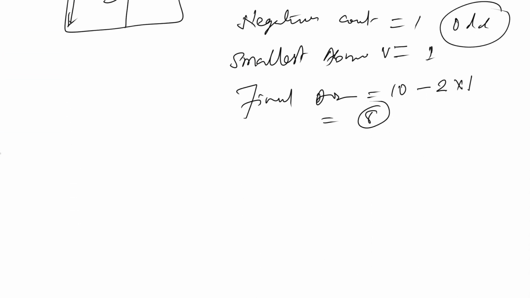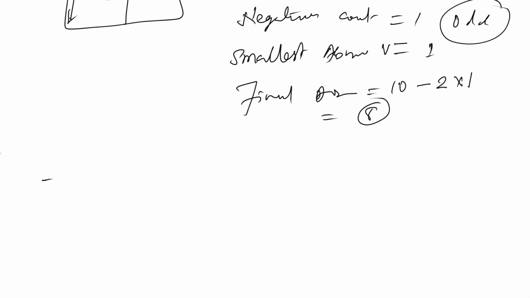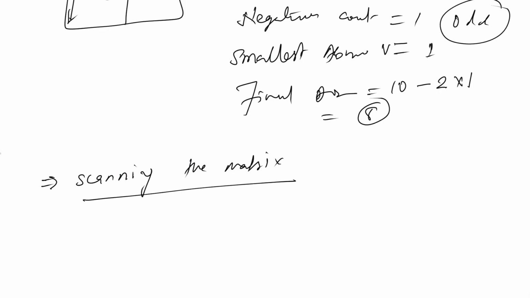Scanning the matrix is important. You can learn this one also. Very first, i equal to 0 and j equal to 0.